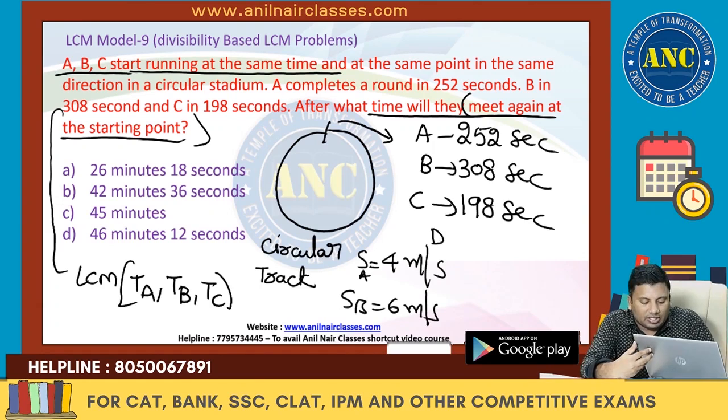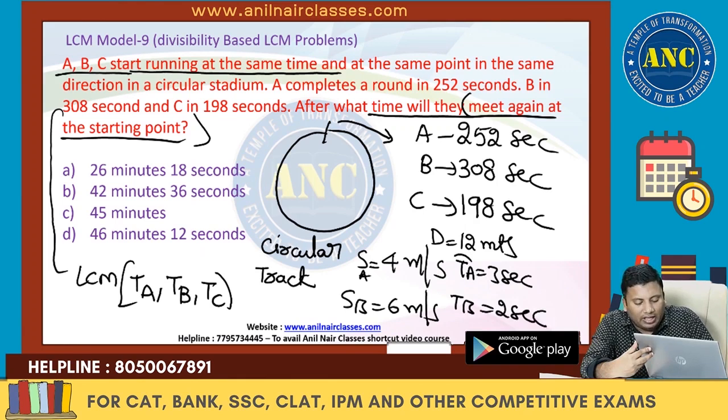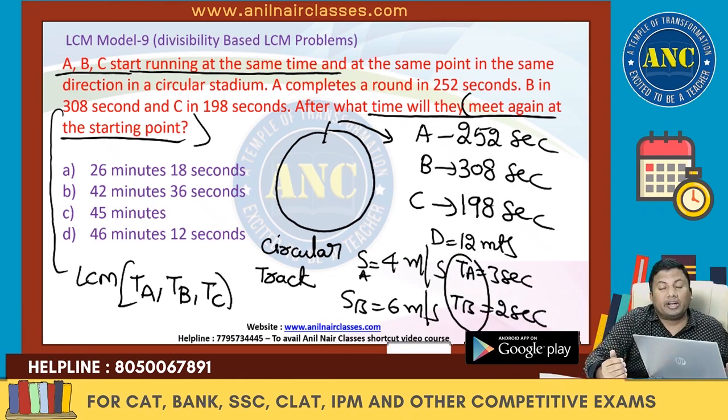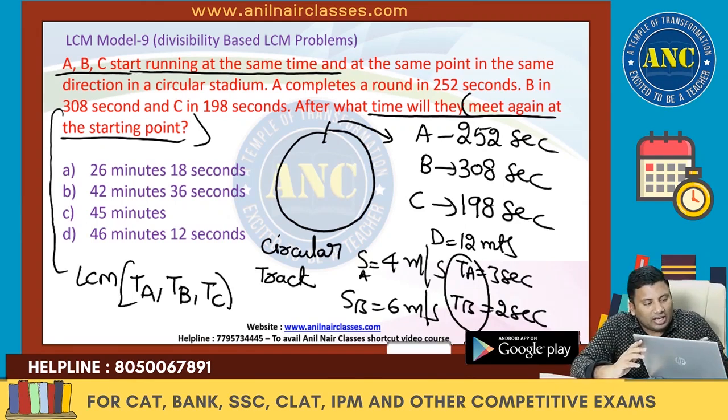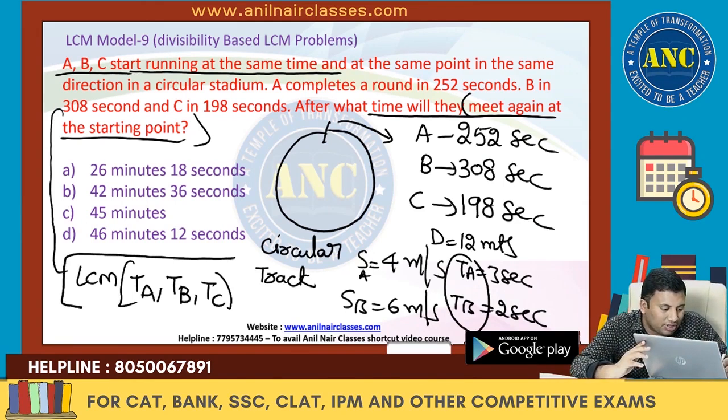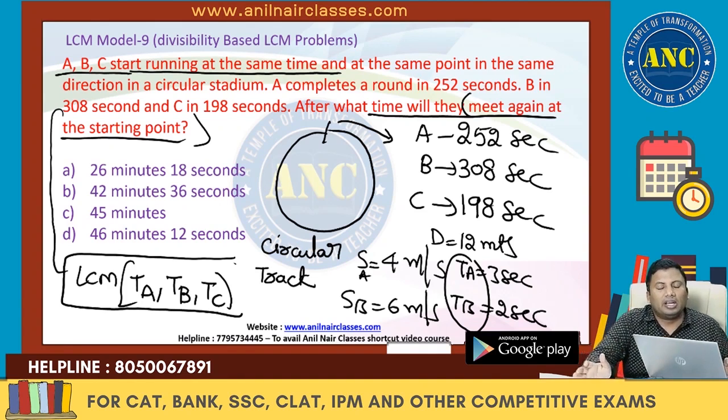If the distance is 12 meters, time taken by A will be 3 seconds. Time taken by B will be 2 seconds. When will they meet? 3 and 2 will meet at a point known as 6, which is nothing but the starting point. So, the time taken to meet again at the starting point is nothing but LCM of TA, TB, TC.